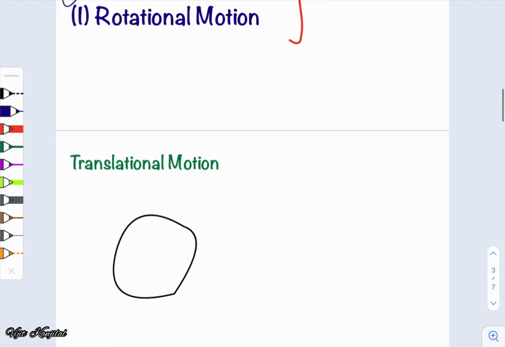So what is translational motion? Translational motion is the type of motion of a rigid body in which the orientation of the body does not change.